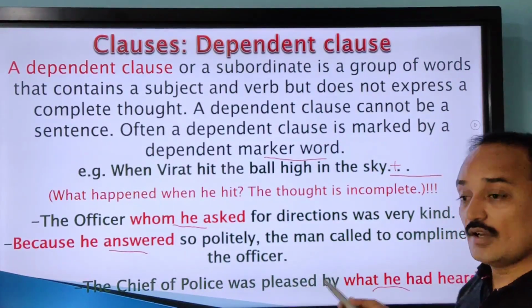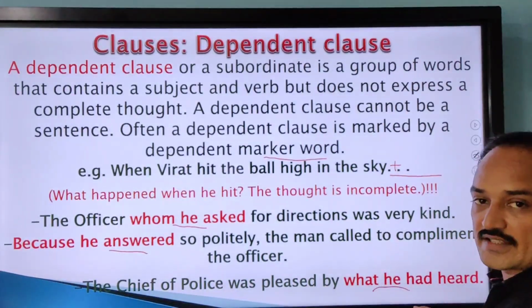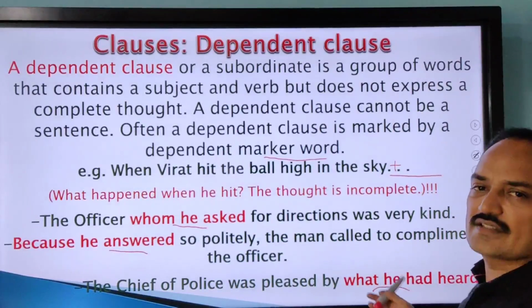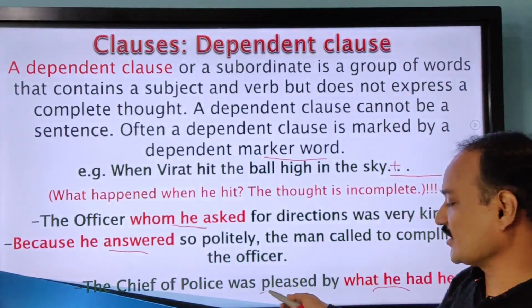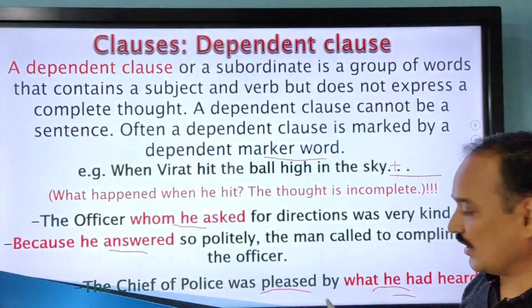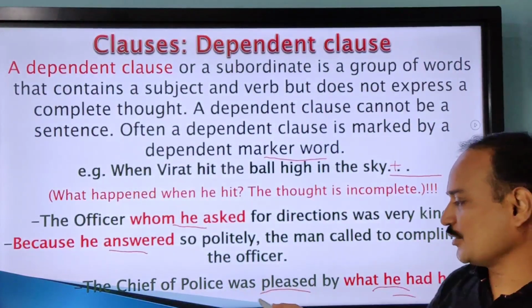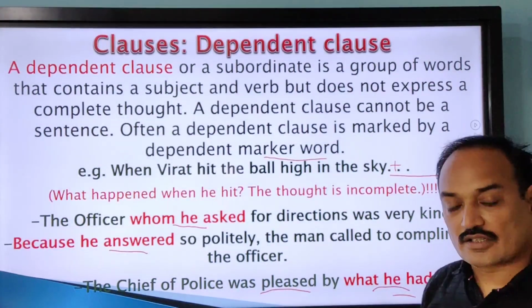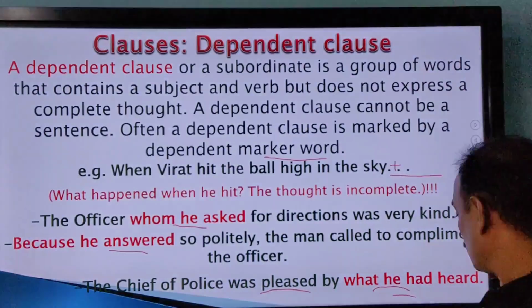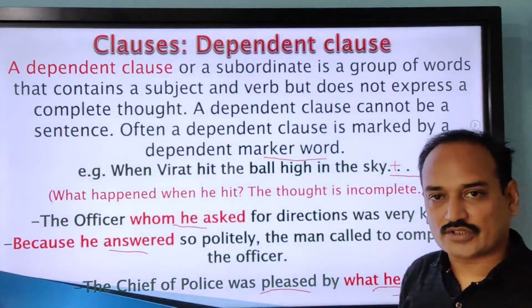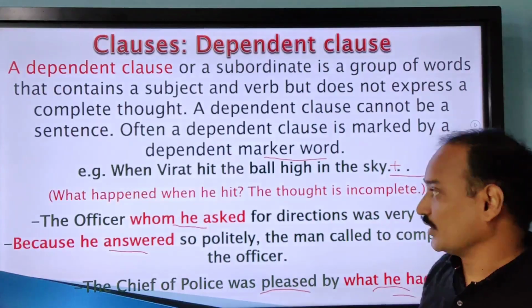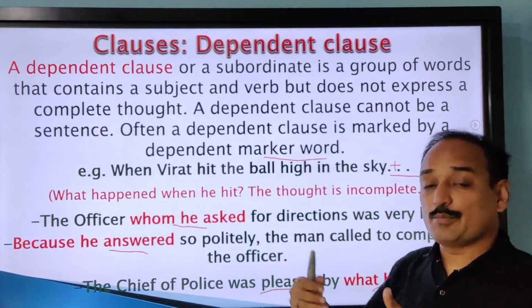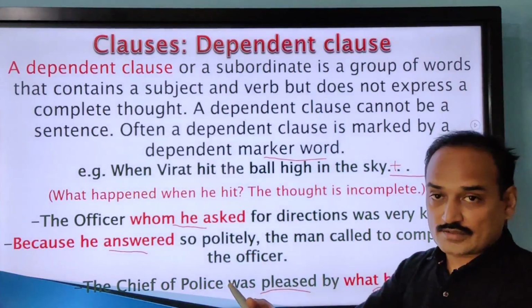He was happy. The next part is supplementary, explaining his happiness. Otherwise, the chief police officer was pleased, and that's all, it is clear. But when we say what he had heard, the meaning is not clear. So, a dependent clause is depending on the independent clause.